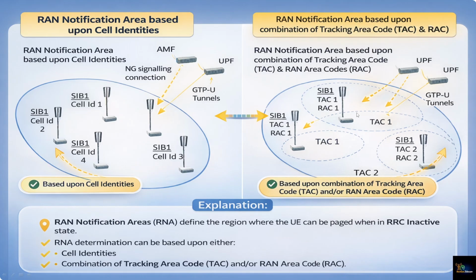It means that when in RRC inactive state, the RNA determination can be based upon either cell identity or a combination of tracking area code or RAN area code. So this is clear for how the RAN notification area will work.